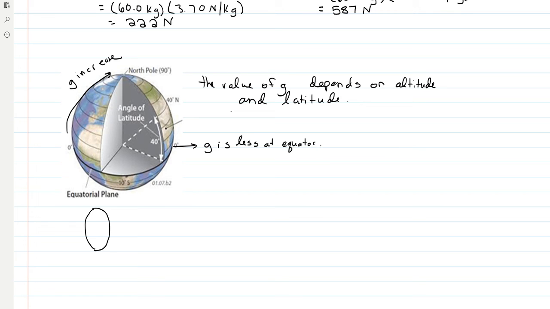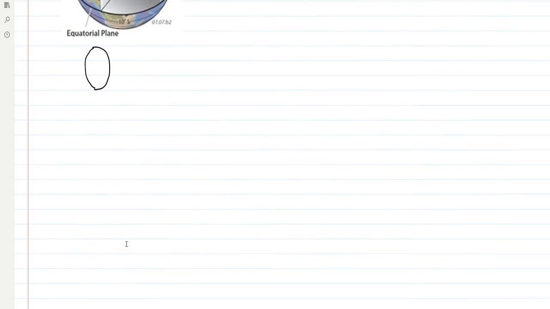I would recommend pausing and stopping here, but you are also good to keep going if you are interested in what we're going to do next, because the next part of what we're doing here is the idea of true weight versus apparent weight.